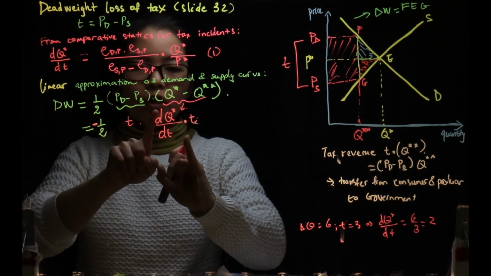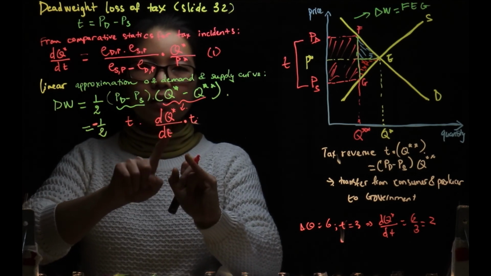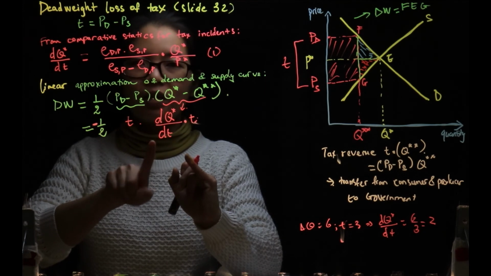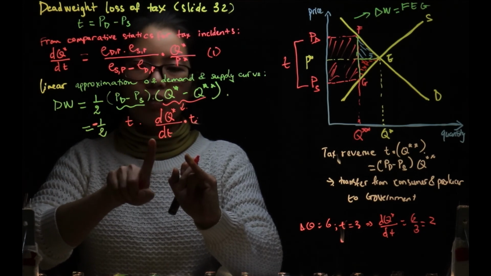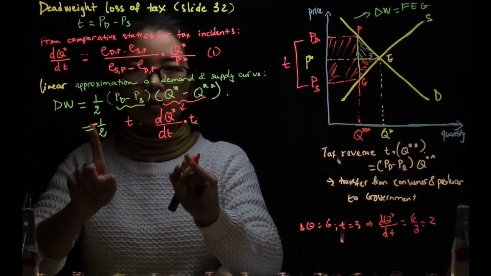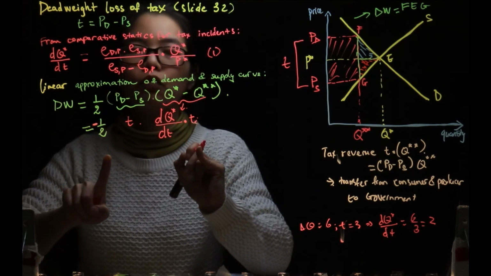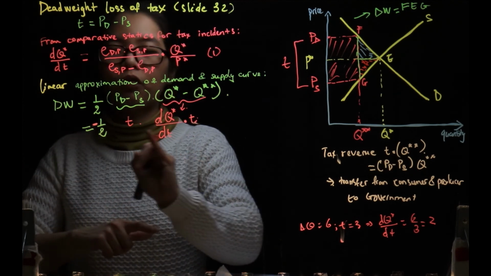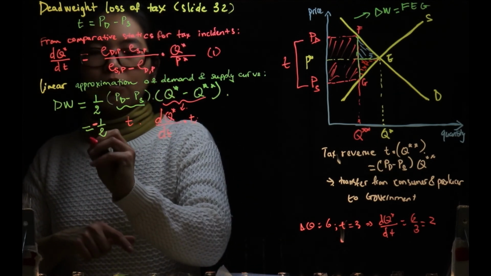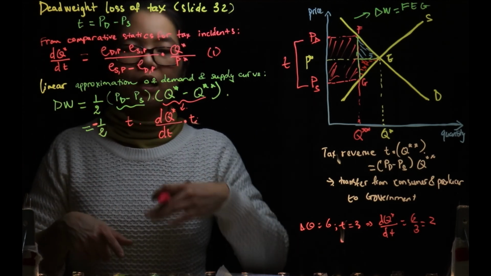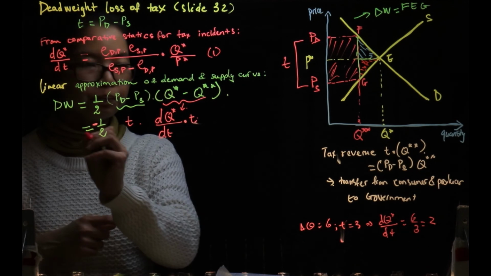And because we know that dq over dt is very likely, almost always negative, that's why we have to put a minus sign over there, to make the whole thing a meaningful area. Only for that reason. In case you don't like it, because we're talking about a loss, we need a negative thing there. That's also fine to me.